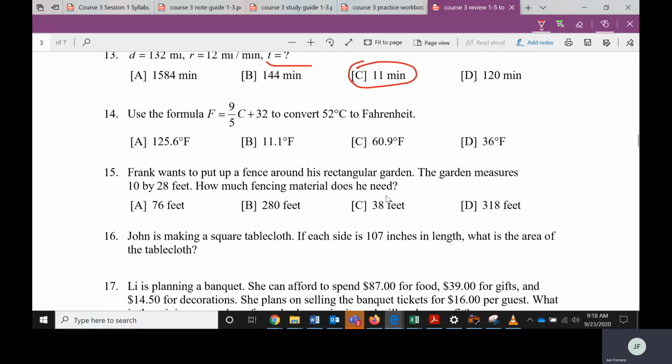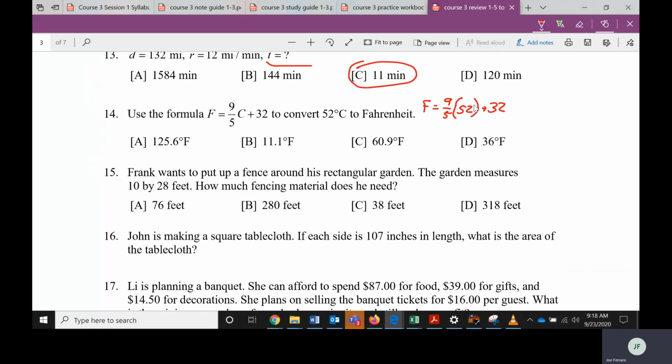14, use this formula, 9/5 C plus 32. That's F equals 9/5 C plus 32. So this is how you can go back and forth between a Fahrenheit temperature and a Celsius temperature. So they gave us Celsius, we got to find Fahrenheit. So we have 9/5 times C, which is 52, plus 32.